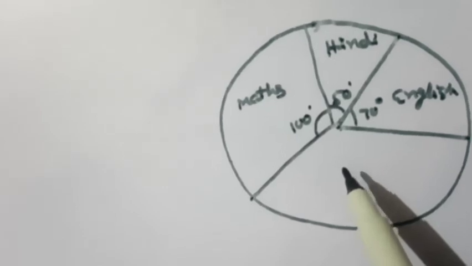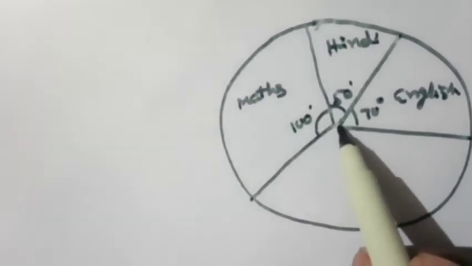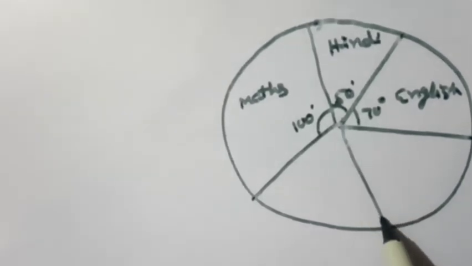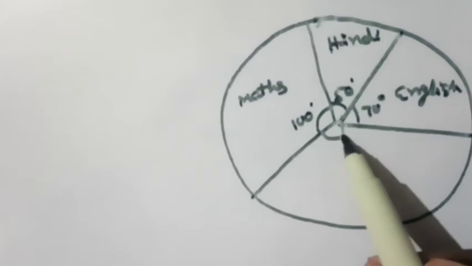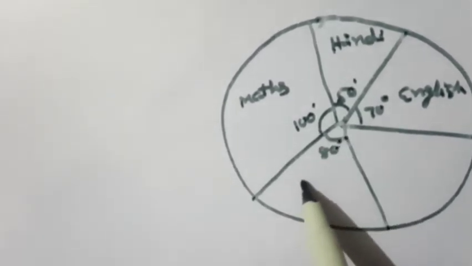Next subject is science, and its central angle is 80 degree. Let this angle be 80 degree, and subject is science.